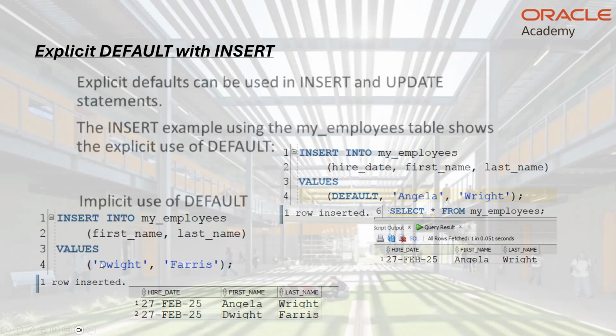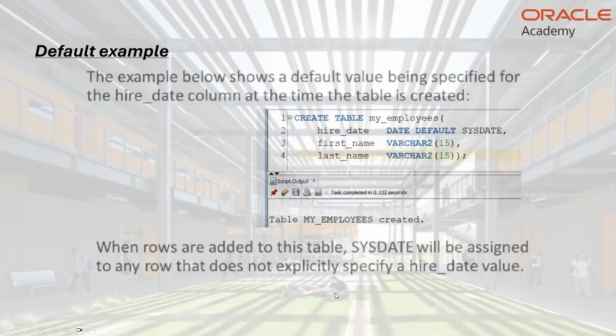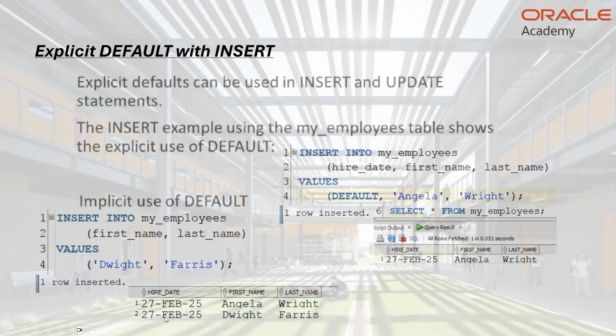Basically, we're just adding the first name, last name, and it will default to the default date, which I ran this way back in February. So when you create the table, the system will ensure that that value is always the sysdate for the hire date.